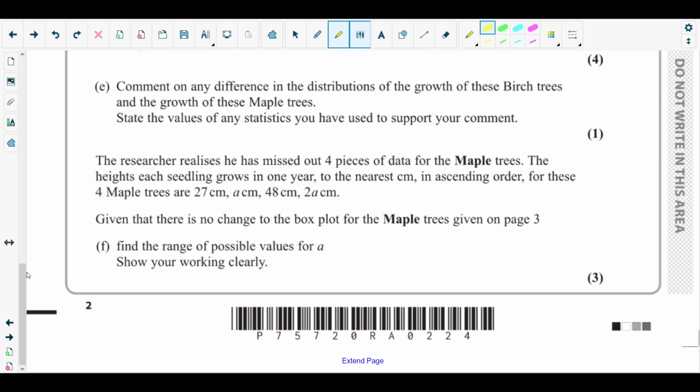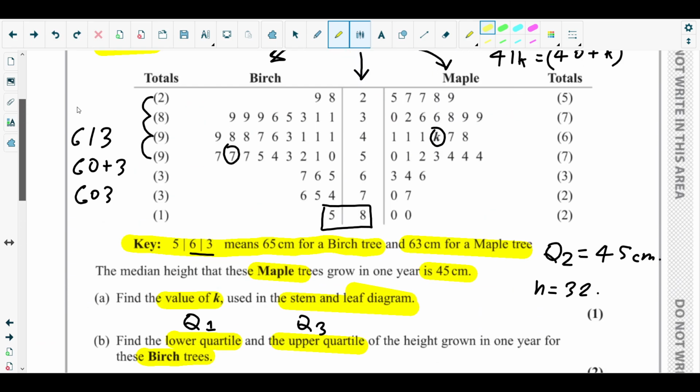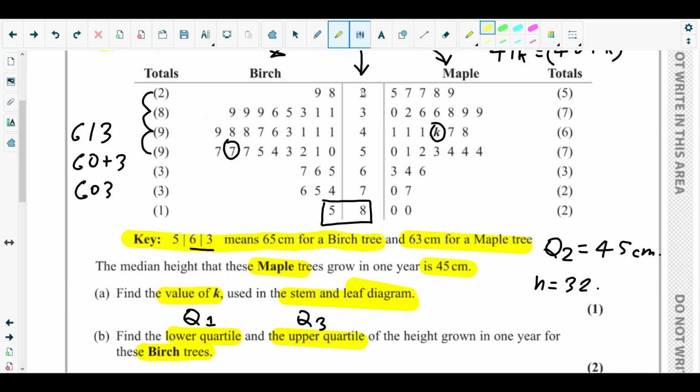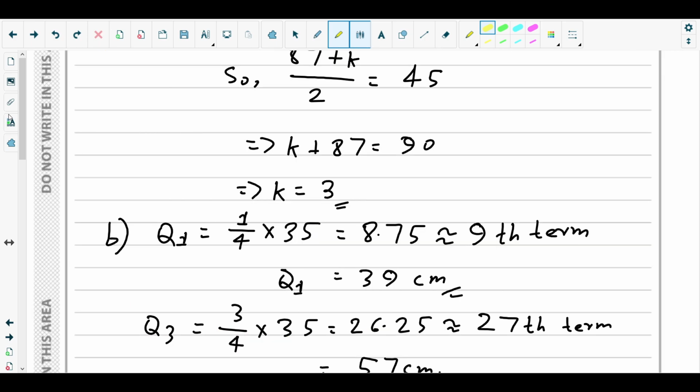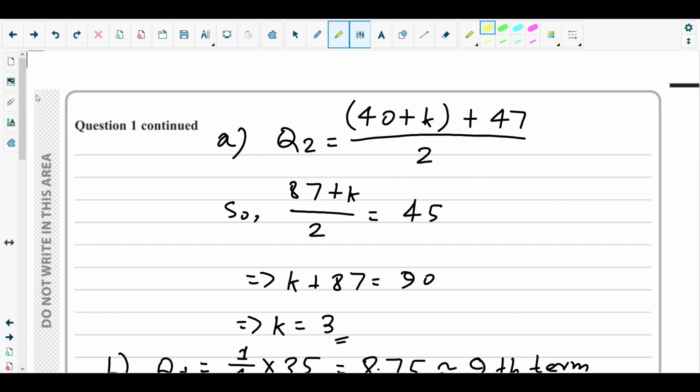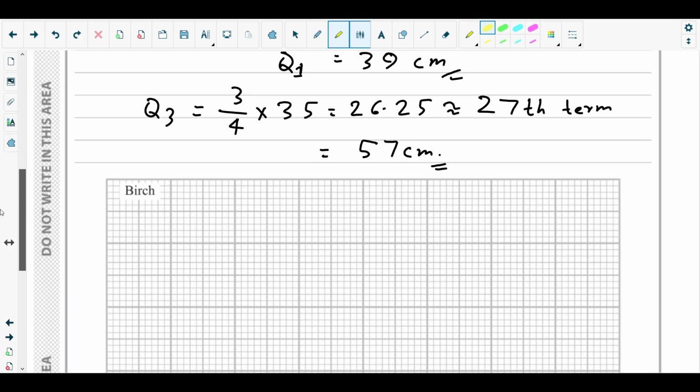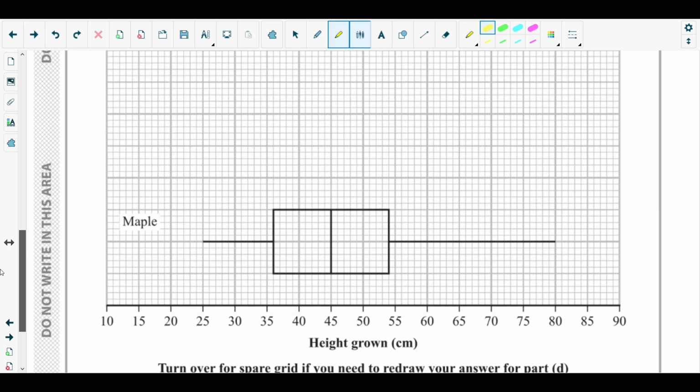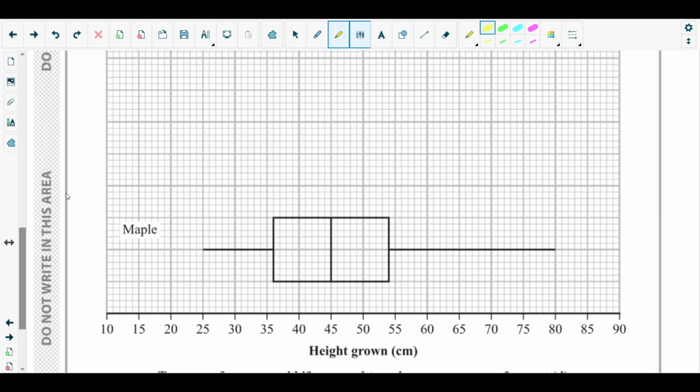So what's the starting value? Here it is 28, right? The smallest value is 28 and it is not an outlier. 28 is the starting value. The grid is given here, so it starts from 28.